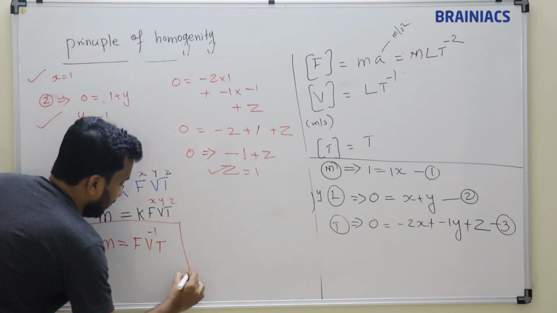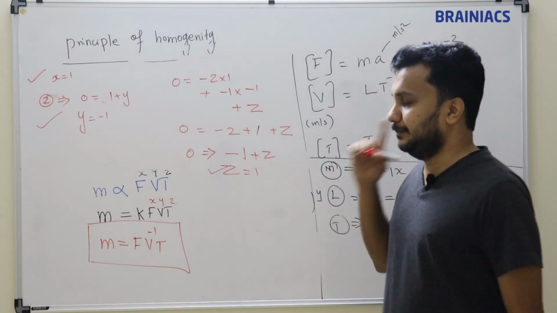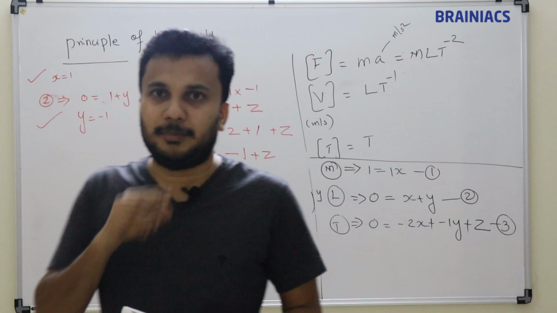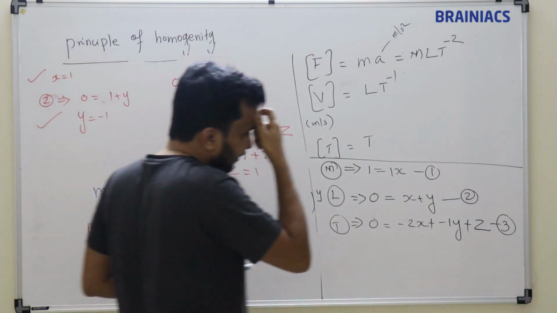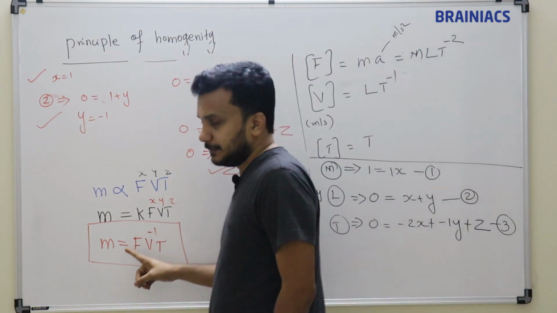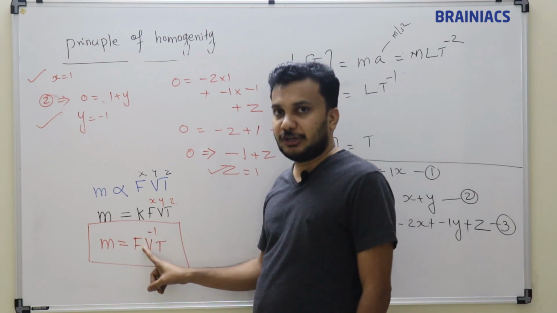So this is the formula of mass in terms of F, V, T. This type of question takes a little bit of time. Only if you practice this kind of model will you be able to get it. So mass is equal to F T by V, so mass is directly proportional to F and T.